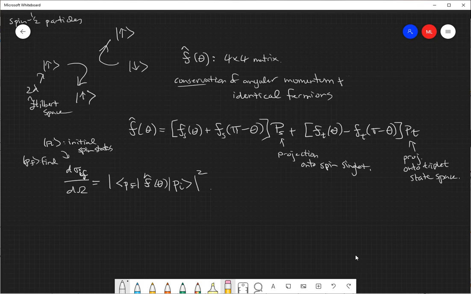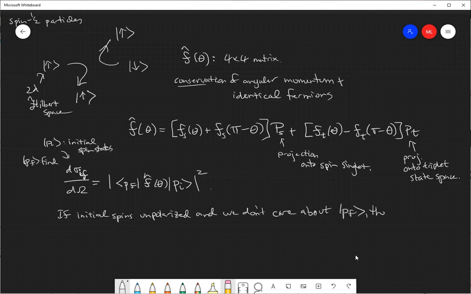Well, in that case, if the initial spins, and this is the typical case, are unpolarized, and we don't care about the final state, then of course you just get the differential scattering cross section, which would be a sum over all the possible initial and final states of the two spins.